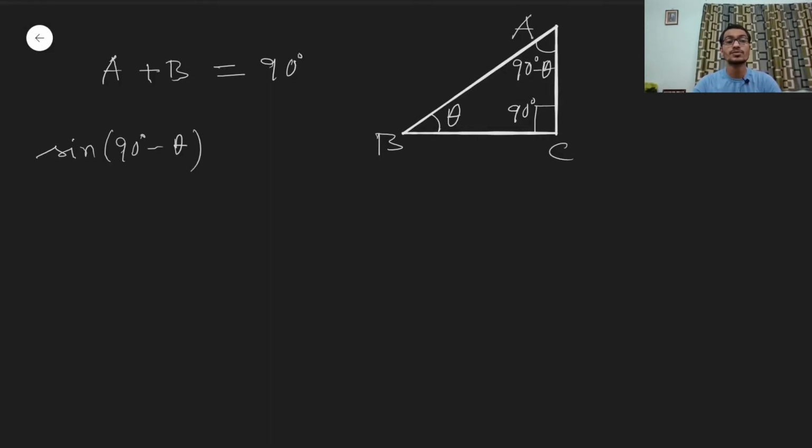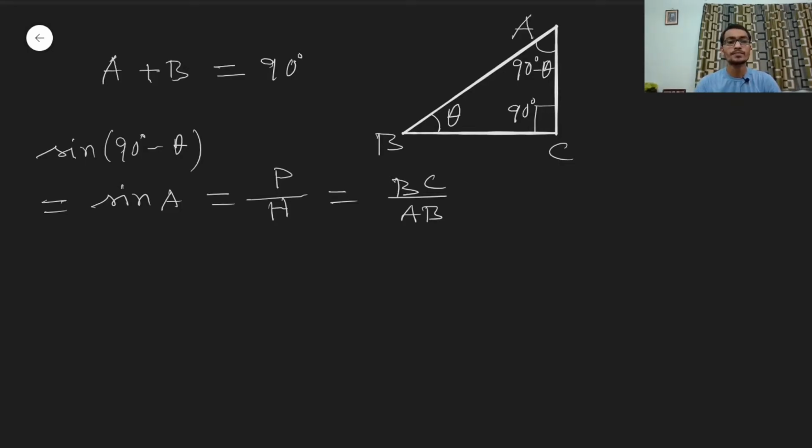Now sine 90 degree minus theta equals sine A. By our definition, it is perpendicular by hypotenuse. Now the perpendicular with respect to the angle A will be side BC. So BC by hypotenuse AB.